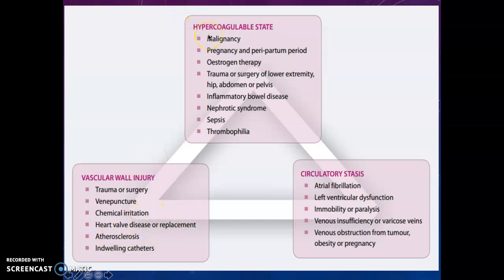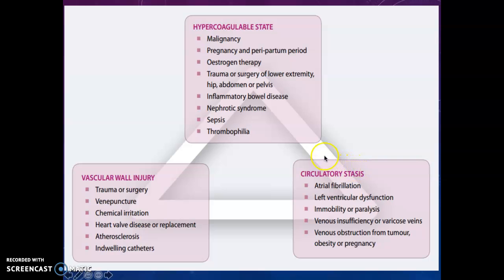The second component is hypercoagulable state. That is the blood is more likely to form a clot than its normal state. So we say that the blood is hypercoagulable, and this could be because of malignancy, pregnancy, someone who has been on OCPs, that is estrogen therapy, or other diseases, for example nephrotic syndrome.